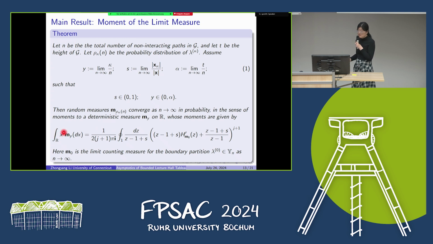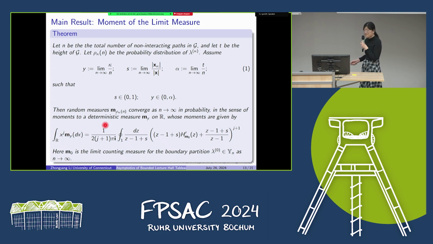Although, for example, at level y, this partition is random, so the associated counting measure or empirical measure is a random measure, in the scaling limit the right-hand side is a contour integral, so it's deterministic. So this gives us the limit shape of this non-intersecting path associated to the lecture hall tableau.